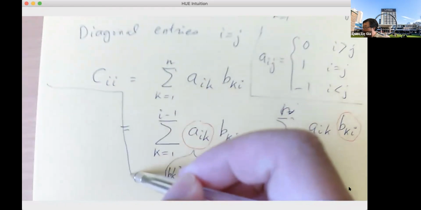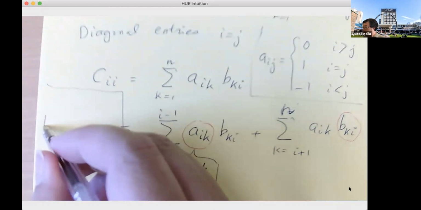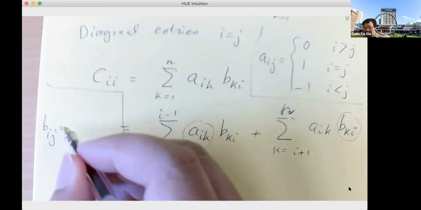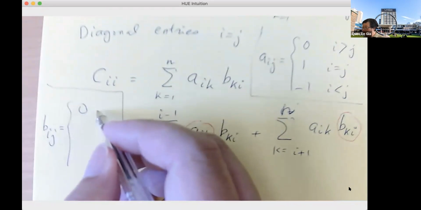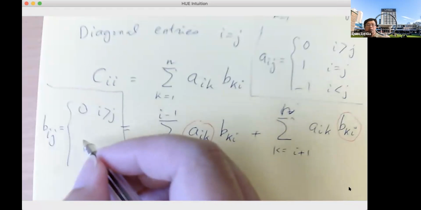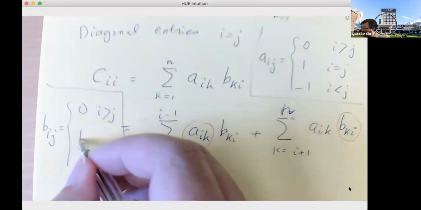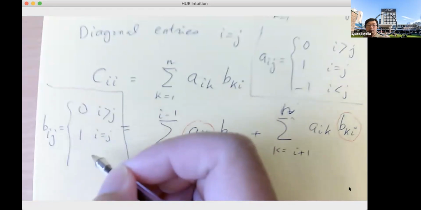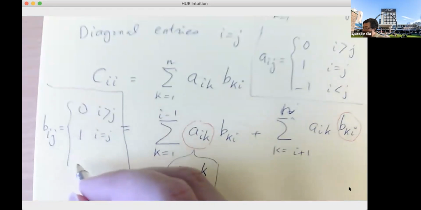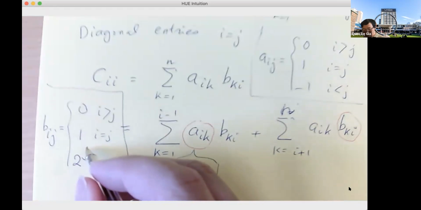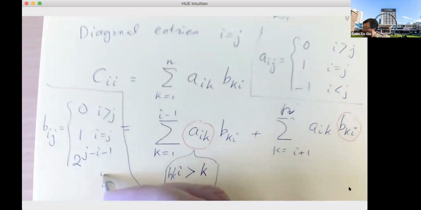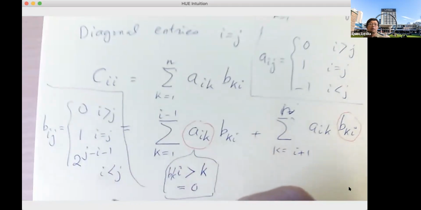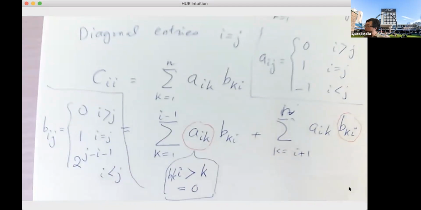Bij will be, look at the question again, 0 if I bigger than j, and 1 if I equal j, otherwise it will be 2 to the j minus I minus 1 if I less than j. Okay. So now you look at this one.